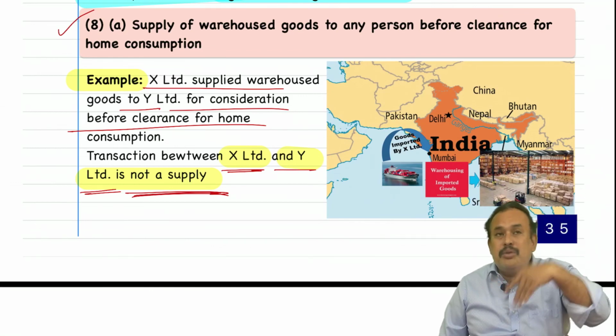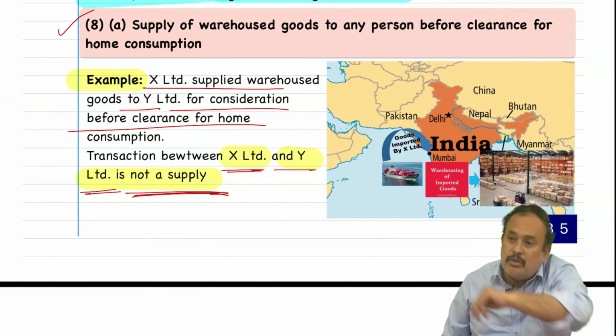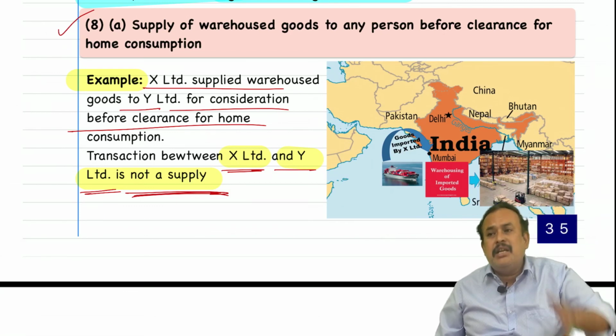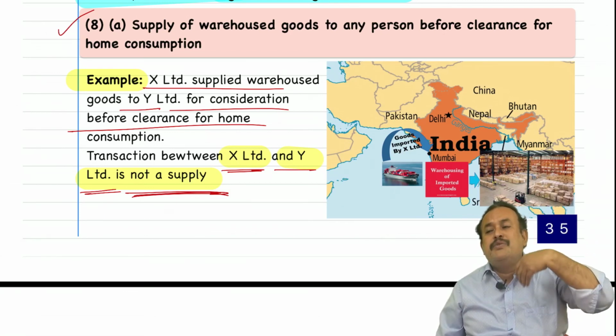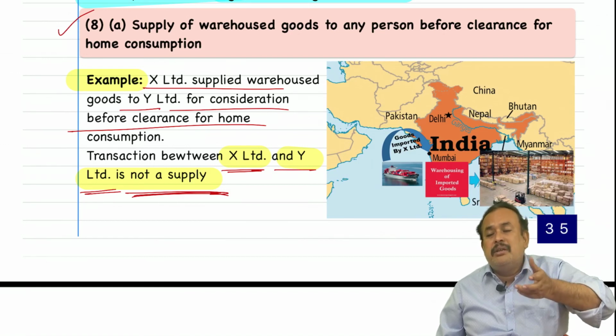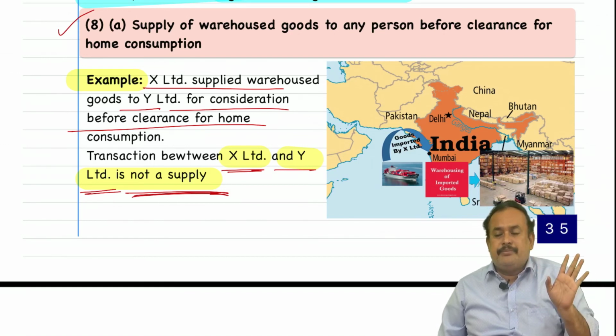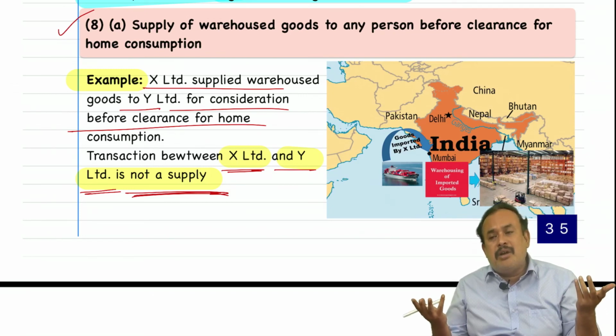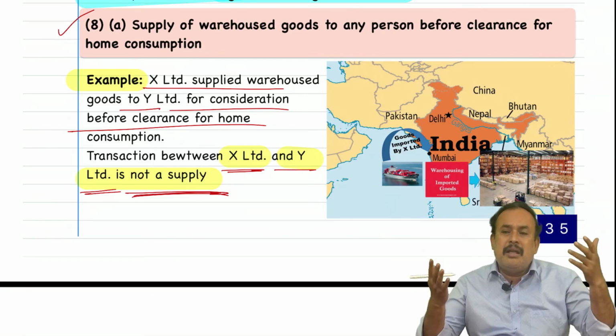The buyer of those goods, when he submits the documents to clear the goods from the warehouse, at that time is liable to pay import duty, which includes IGST. That is an advanced concept, which we will discuss under customs subsequently. For CA IPCC, customs is not in your syllabus. Relax, coolly leave it.